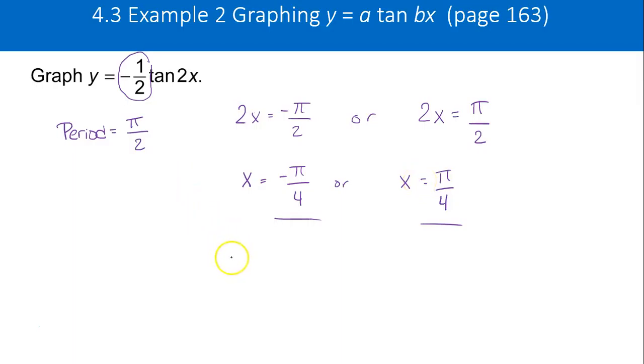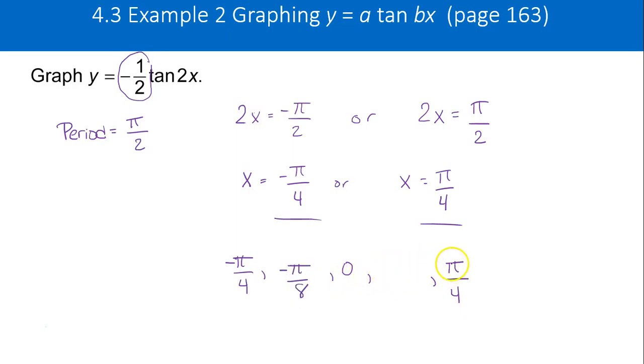So starting with negative pi over 4, halfway between the two, again, we're going to have 0. And then halfway between negative pi over 4 and 0, just divide by 2, and you get negative pi over 8.